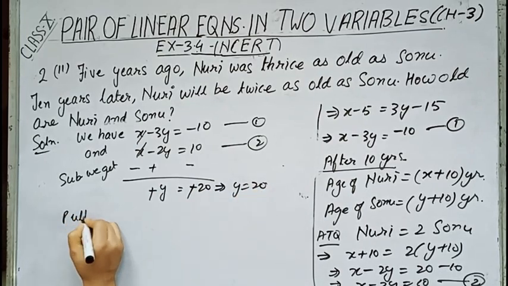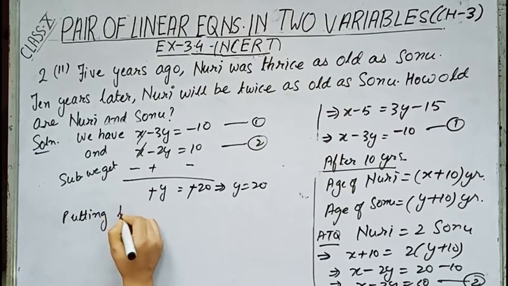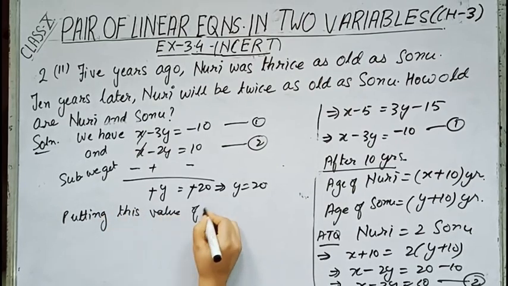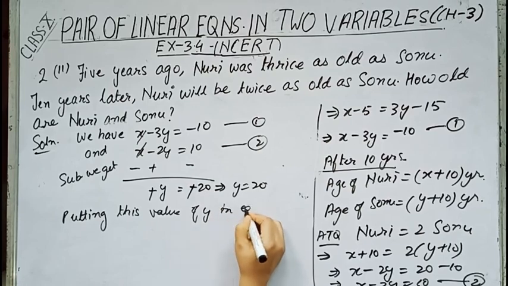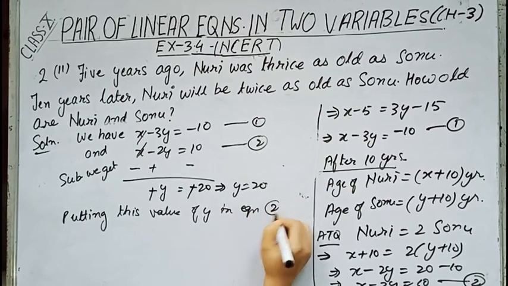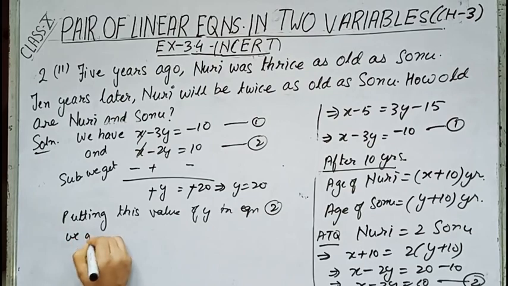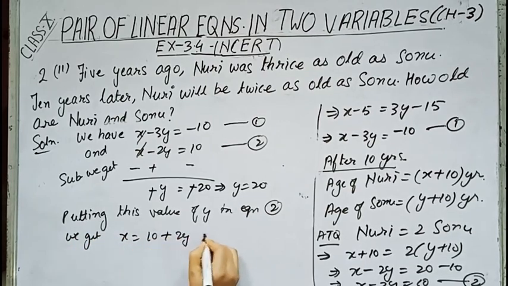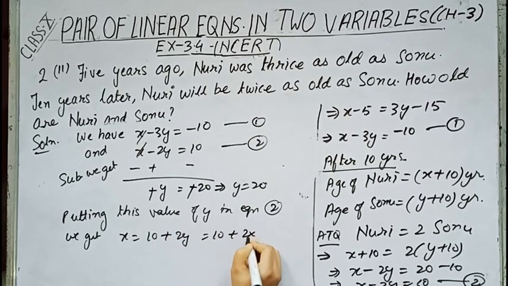Putting this value of Y in equation 2, we get X equals to 10 plus 2Y equals to 10 plus 2 into 20 equals to 40 plus 10 equals to 50.